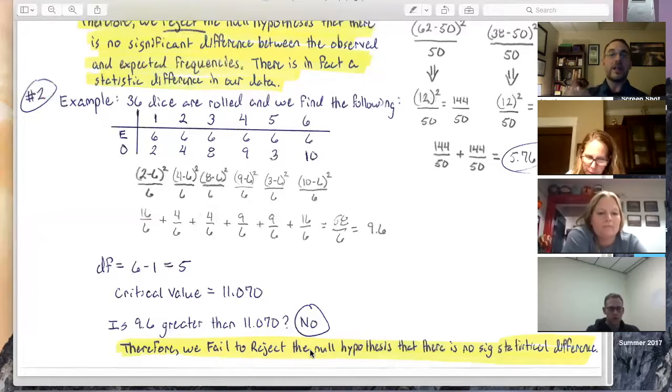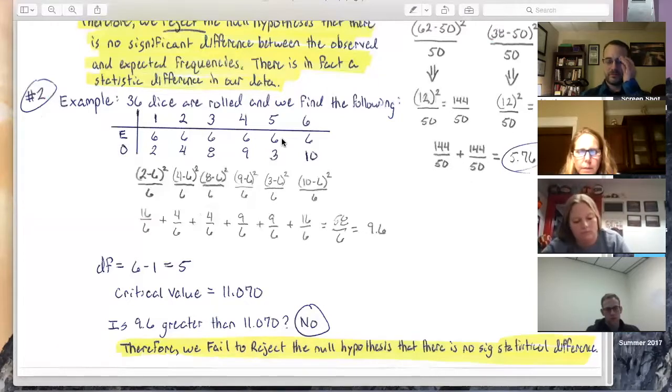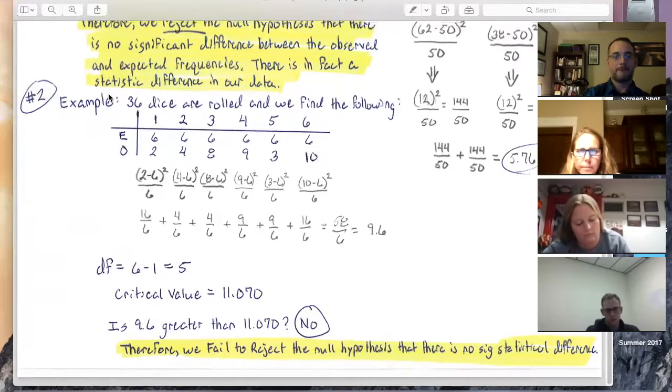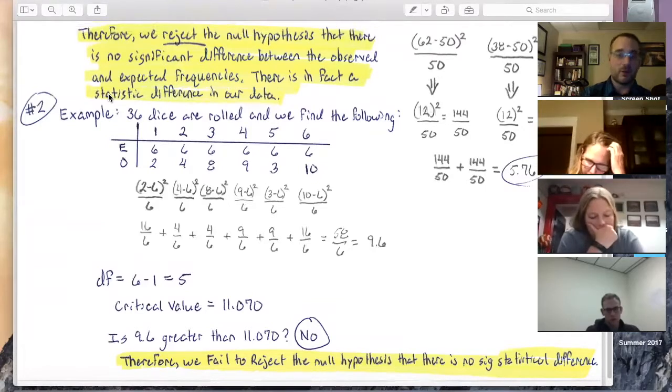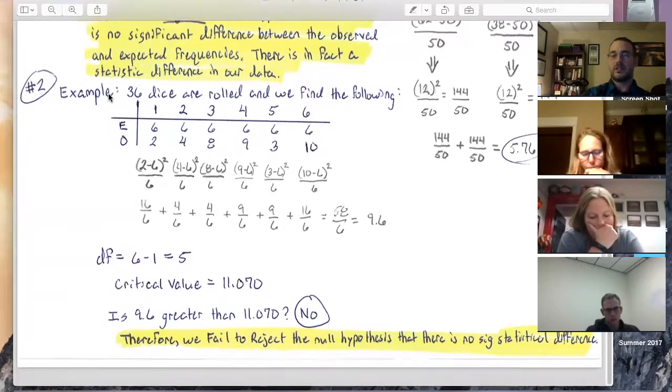So intuitively, in other words, there's no significant difference between the observed statistics and the expected outcomes. So there's a couple of examples of working through flipping a coin or rolling the dice.